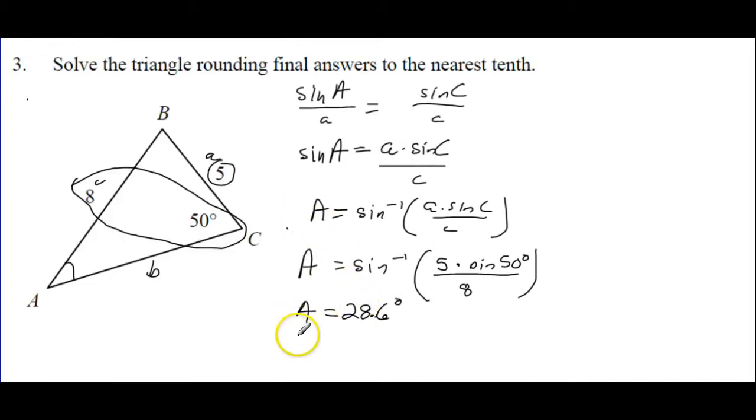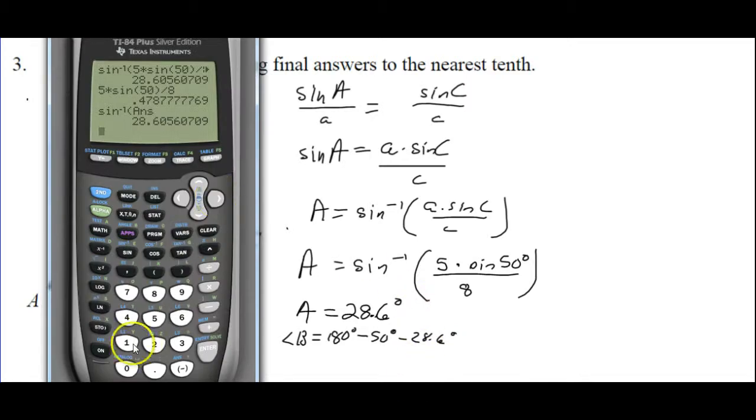At this point, angle B can be calculated, right? So we know that angle B is 180 degrees minus 50 degrees minus 28.6 degrees.